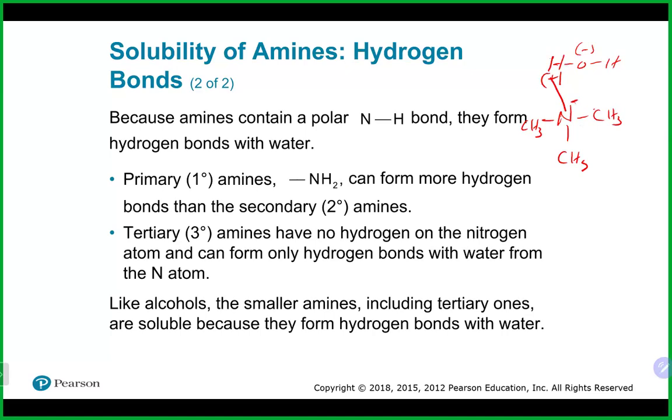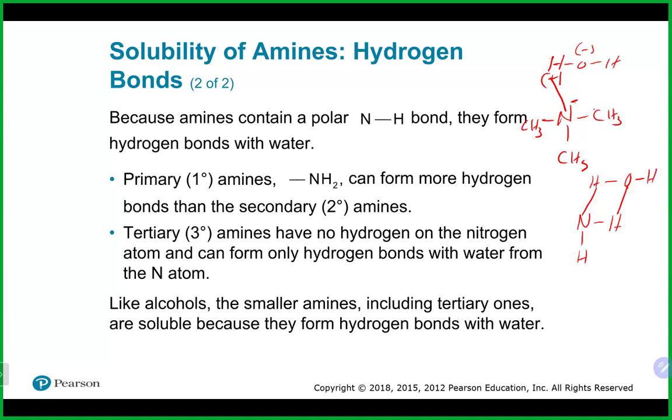That is a lot different than a secondary or primary that can use its hydrogen to hit both spots with a water molecule. It can hit the oxygen with its hydrogen and still do the hydrogen to the nitrogen on the other side. So that gives it a lot more interaction with water, making primary and secondaries a lot more soluble than tertiary ones.